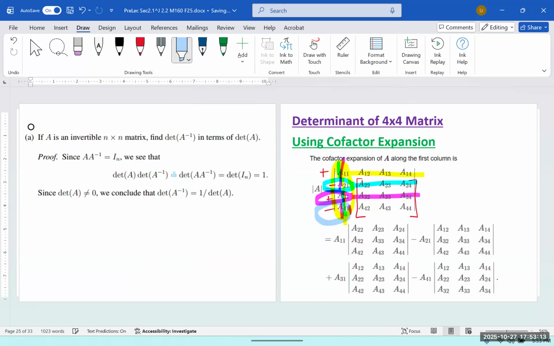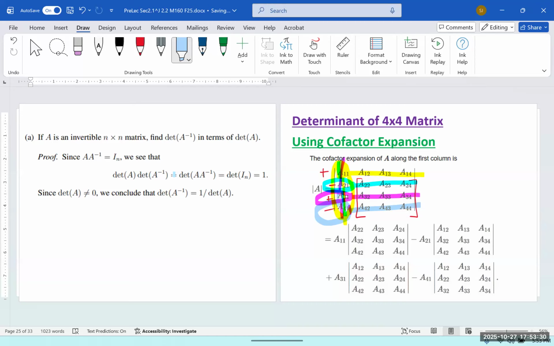You take the last element, which has a minus sign. As a result, you cannot use the fourth row or the first column. So you have column 1, row 2, row 3. So that's a 3x3 matrix, and you take the determinant of that.